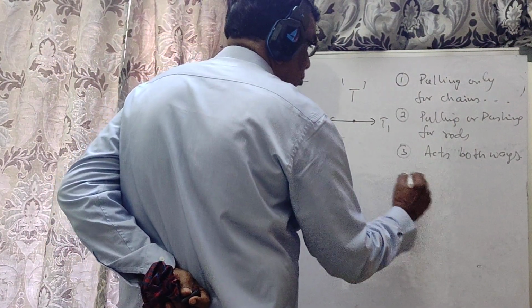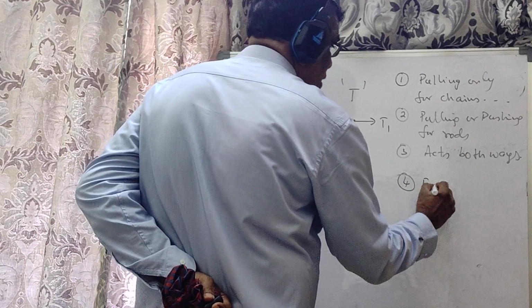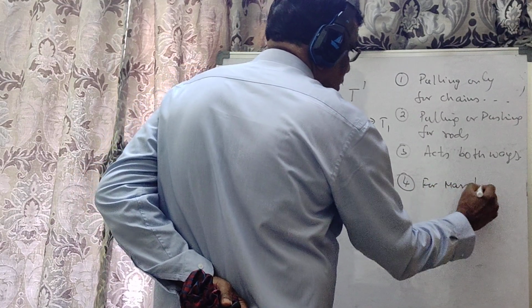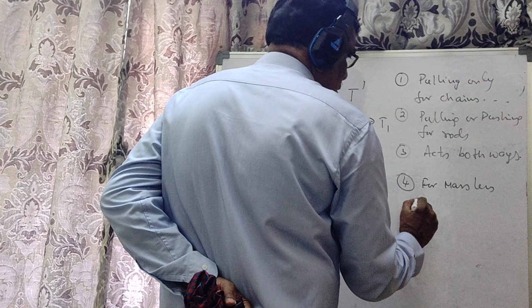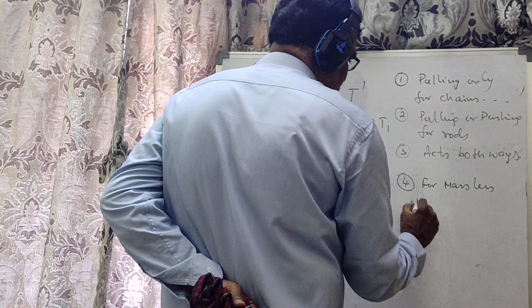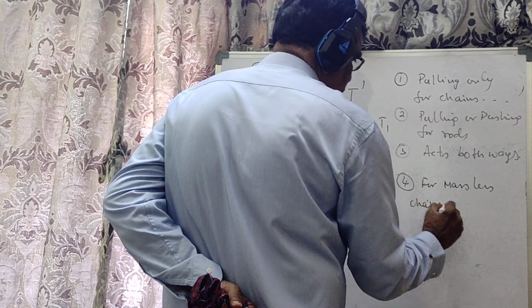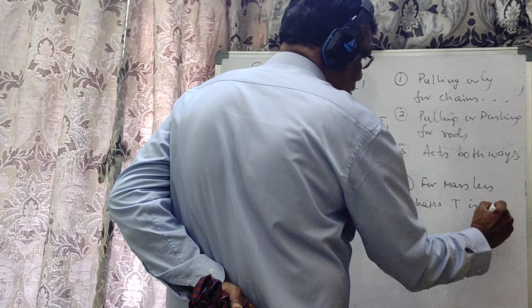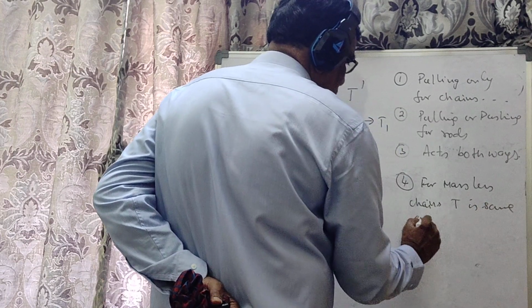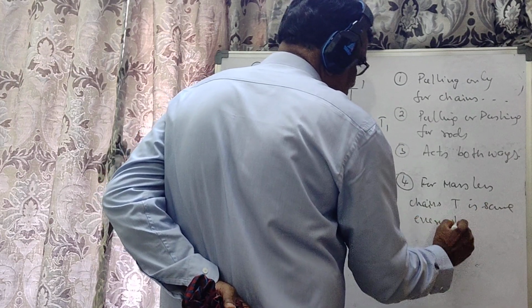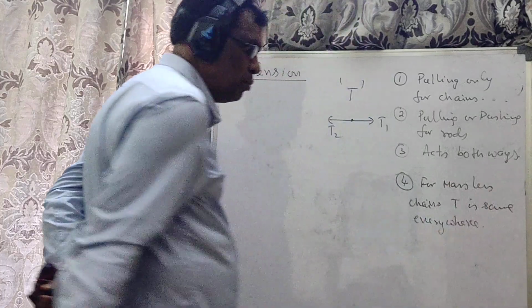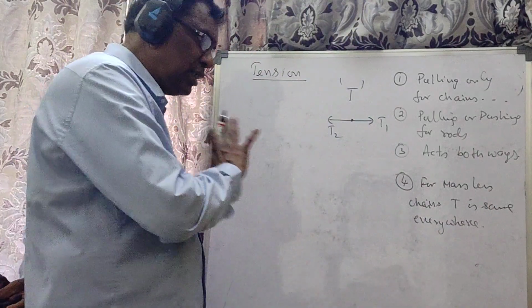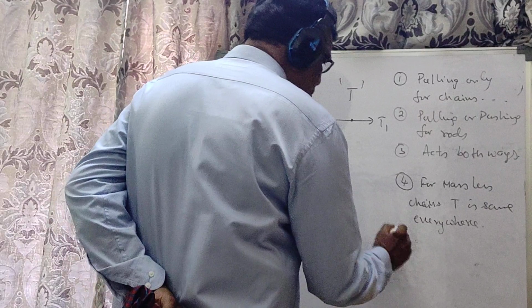Next, for massless chains, T is same everywhere. For massless chains, T is same everywhere.